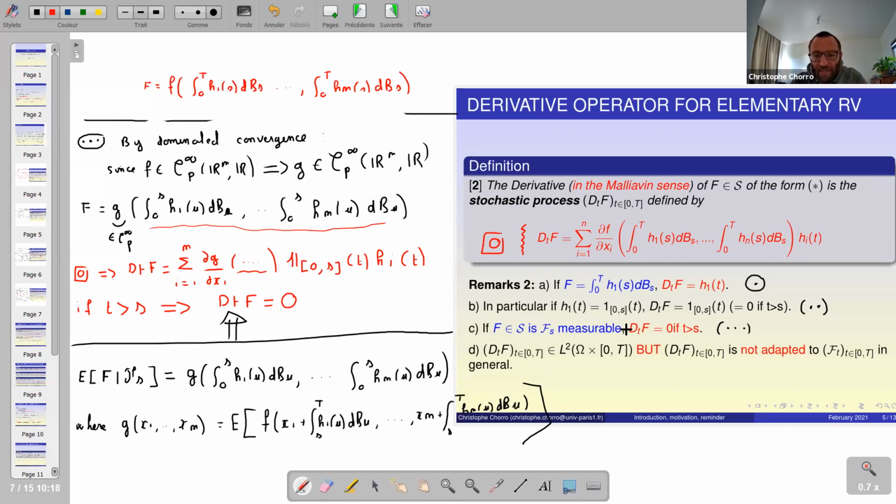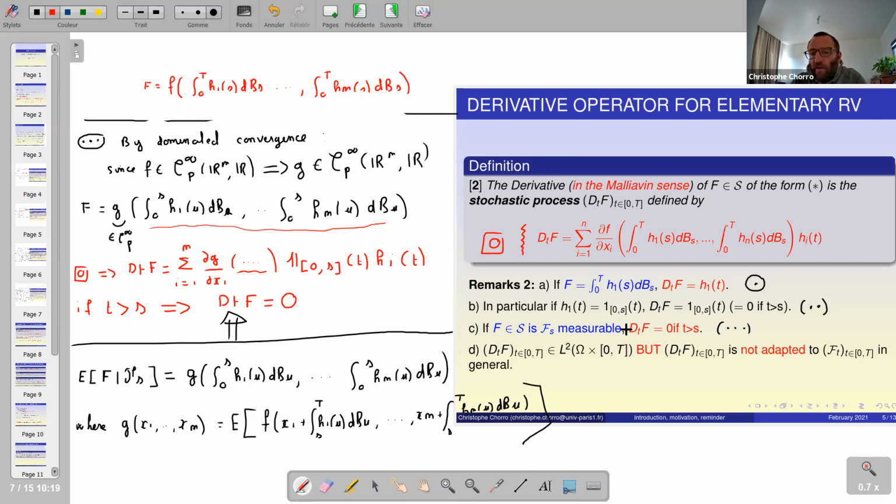So if you have something that is Fs measurable, and that is an elementary random variable in the sense of definition 1, then dt of f is equal to 0 for t strictly greater than s. So it's a result that I have proved here for elementary random variables.